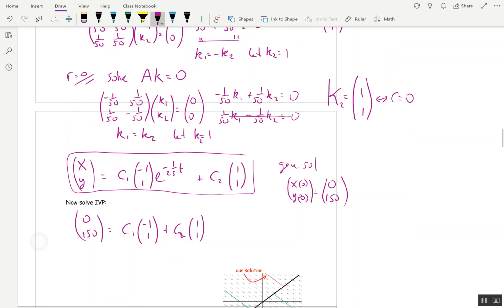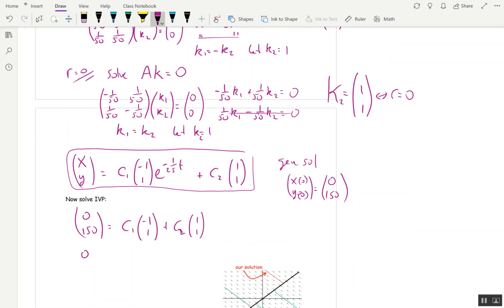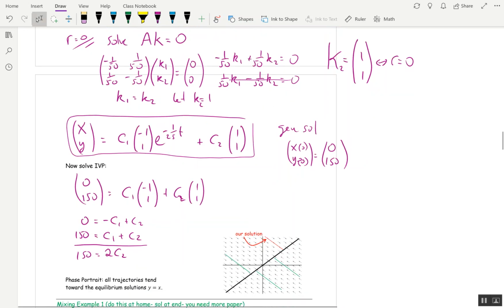So that gives me two equations. 0 equals -C1 plus C2, and 150 equals C1 plus C2. So if I add those two together, I get 150 is 2C2. So C2 is 75, and plug that into the first equation to get C1 is 75.